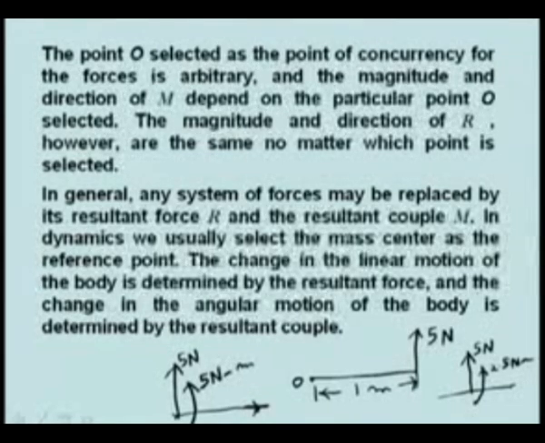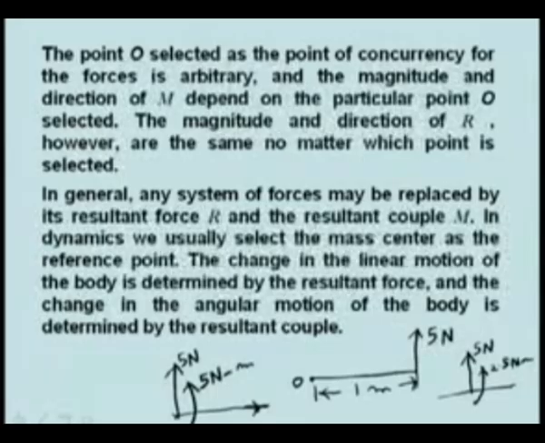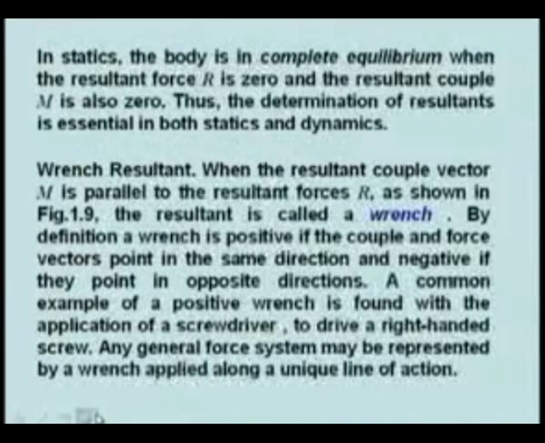In dynamics, we usually select the mass center as the reference point. We try to find out the resultant forces acting at the center of mass, and we find out the moment also about that point. The change in the linear motion of the body is determined by the resultant force, and the change in the angular motion of the body is determined by the resultant couple or moment.